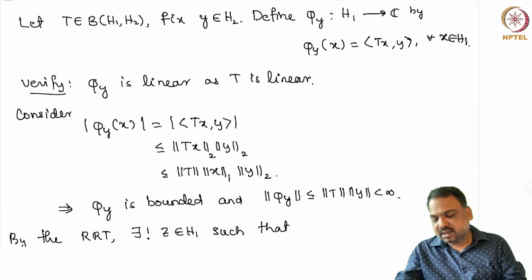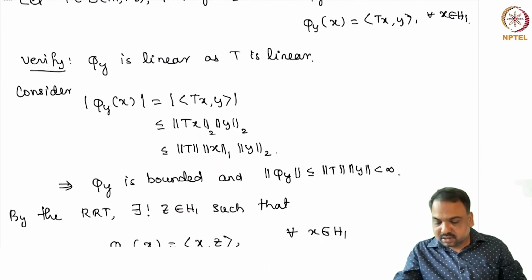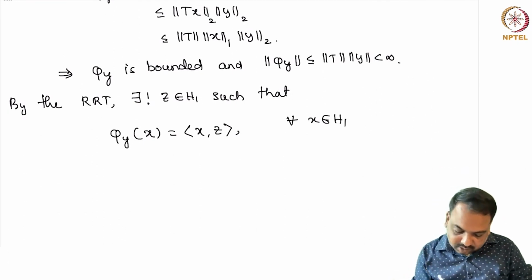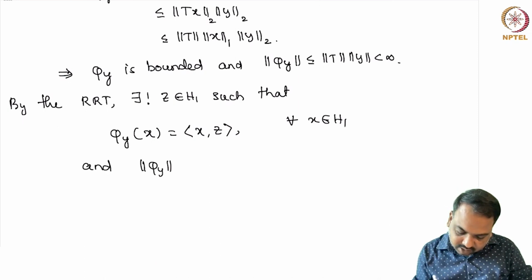Phi suffix y at x is equal to the inner product of Tx with y, but by the Riesz theorem this can be written in this way, and not only that, the norm of phi suffix y and the norm of z are both the same.